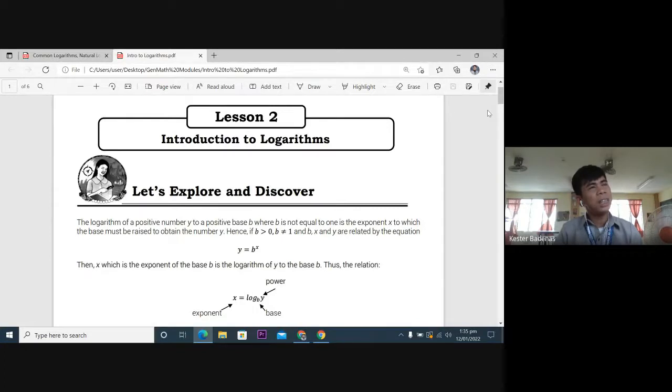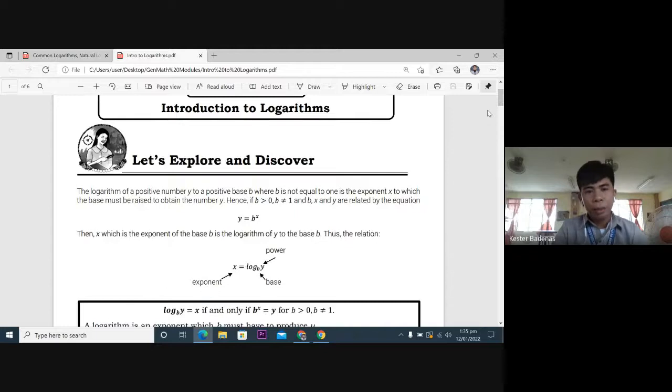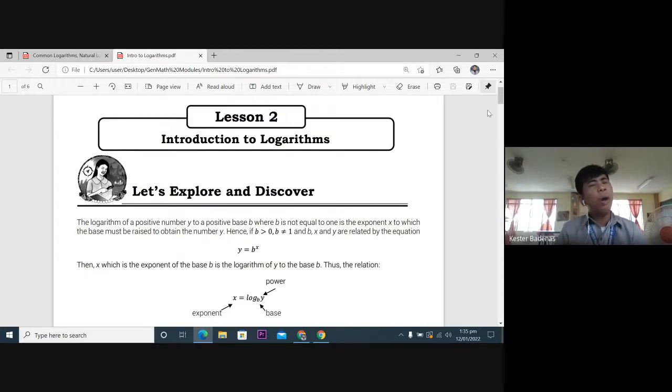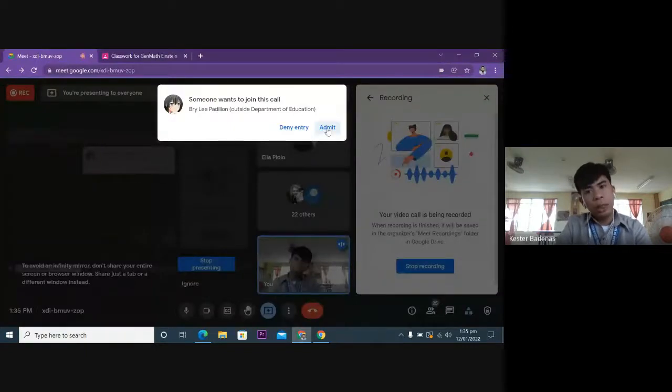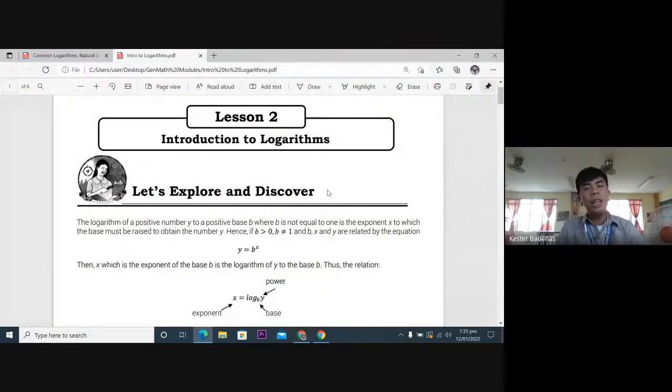Anyway, logarithms are easy naman to understand, especially since we have our scientific calculators. So, what are logarithms? And when do we use logarithms? Logarithms are used in expressing and solving extremely large and extremely small numbers.